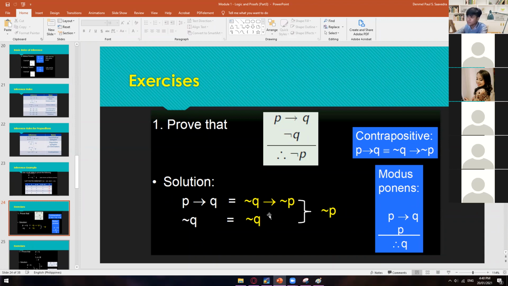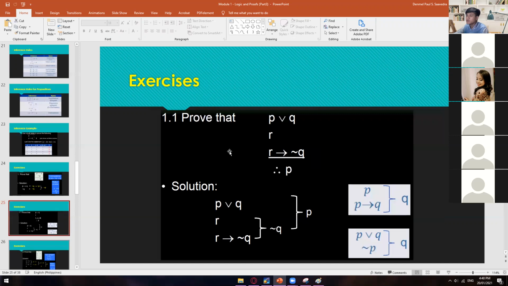In here, you can have two approaches: just convert this one into a contrapositive and then come up with the negated P, or you can go straight by applying modus tollens, which is also equal to negated P.